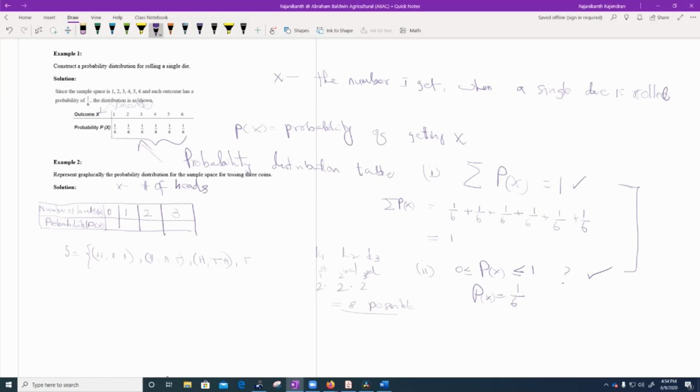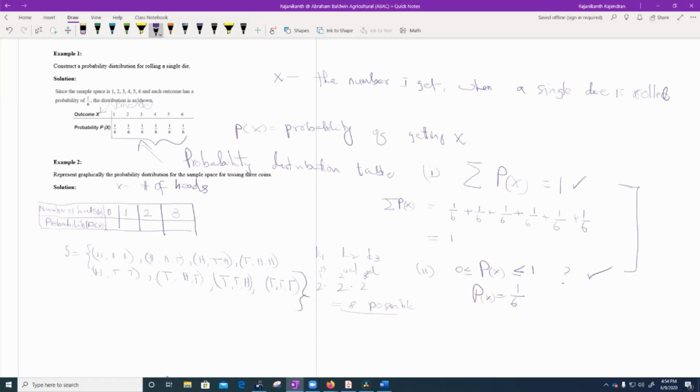Then you may have tails, heads, heads, or heads, tails, tails. You may have tails, heads, tails, and tails, tails, heads, and maybe all three tails. So these are all the possible outcomes you may have.